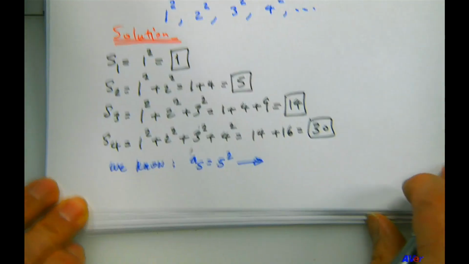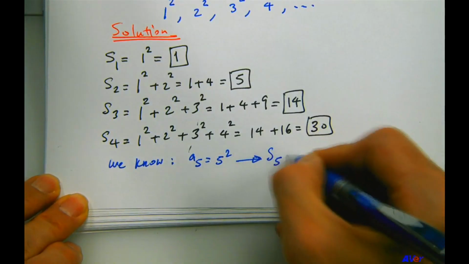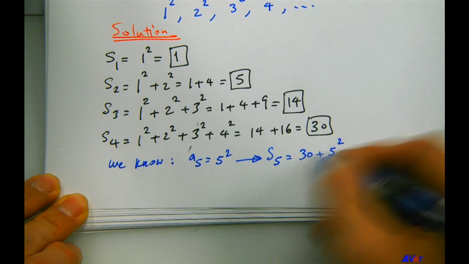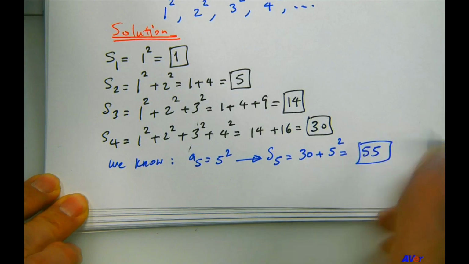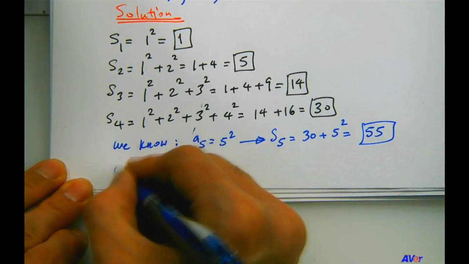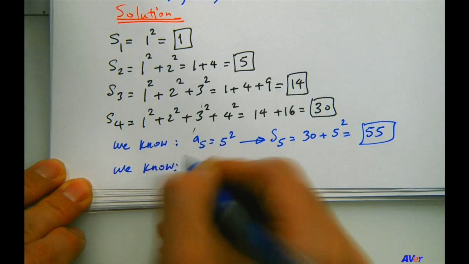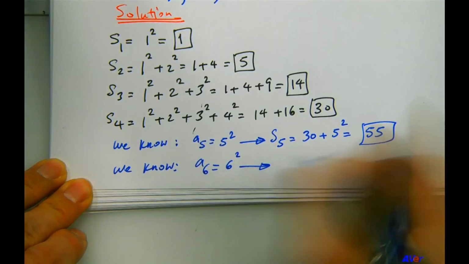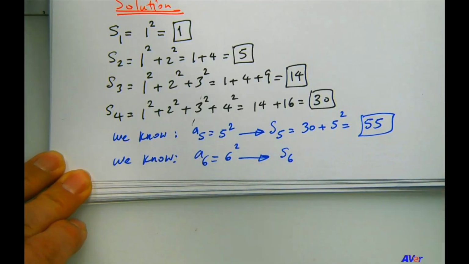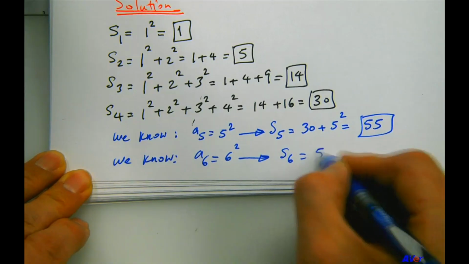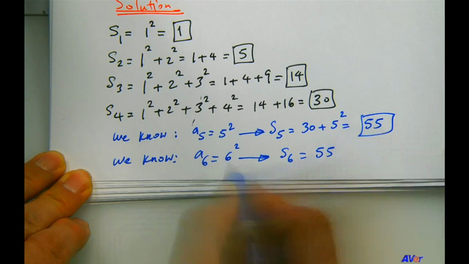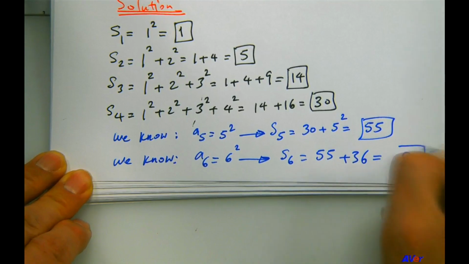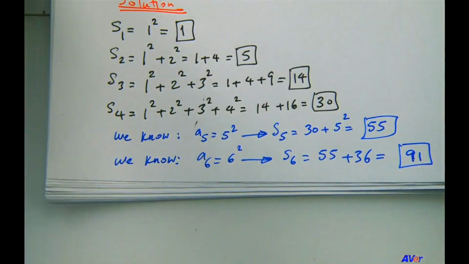Therefore, S5 would be 30 plus 5 squared. So that's 25 plus 30, 55. And finally, we know that a_6 is 6 squared. Therefore, the sum of the first 6 terms is 55, which is the sum of the first 5 terms, plus the 6th term, which is 36. So we have 91. Okay.